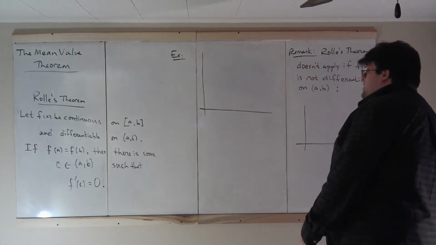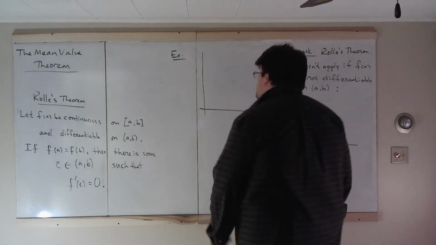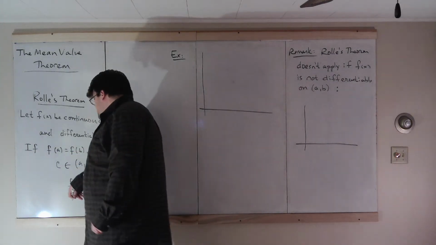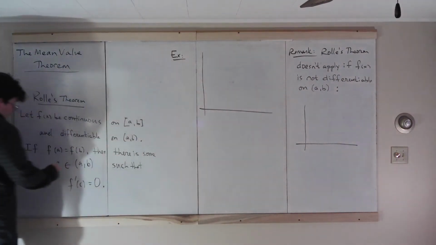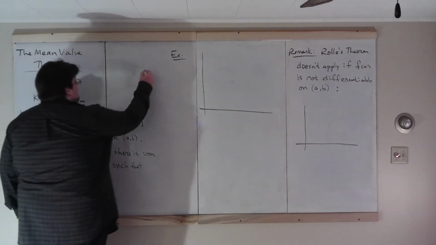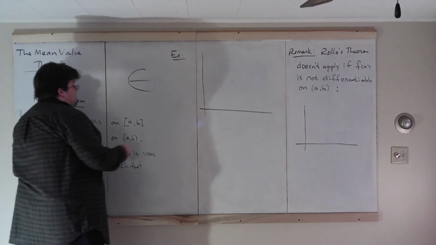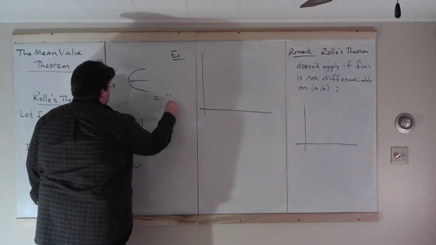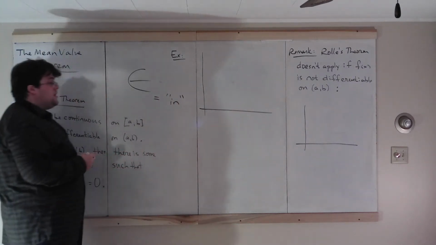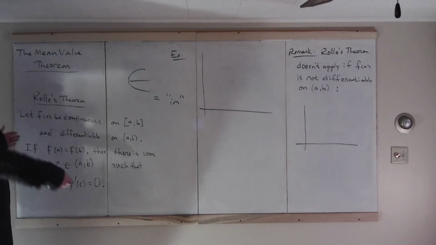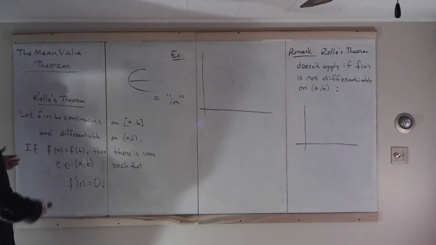If f of a equals f of b, then there is some c in a to b. Now this symbol here, you've probably not seen before. It's kind of like a curvy E. It's just the word "in." And in math, it's used to pick out an element in a set.